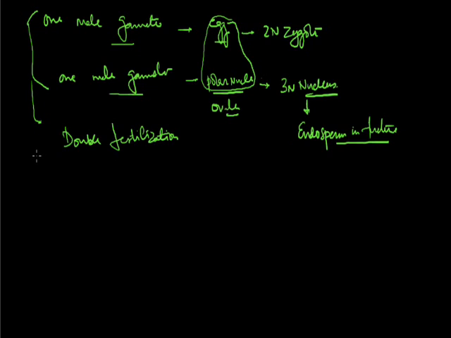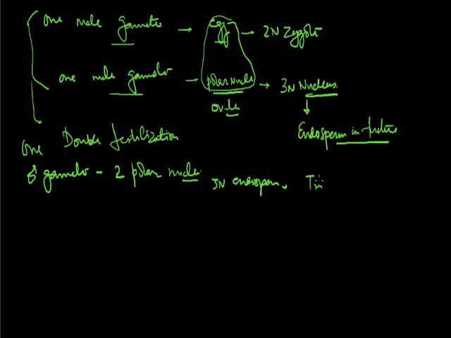Whereas the fusion of one male gamete with two polar nuclei to form the triploid endosperm is called triple fusion.